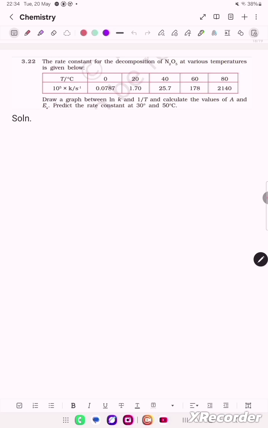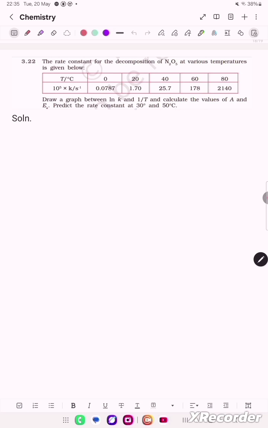So the question is: draw a graph between ln k and 1 by T, and calculate the value of A and Ea, that is the energy of activation. Predict the rate constant at 30 degrees Celsius and 50 degrees Celsius.